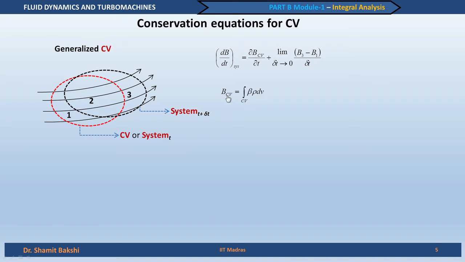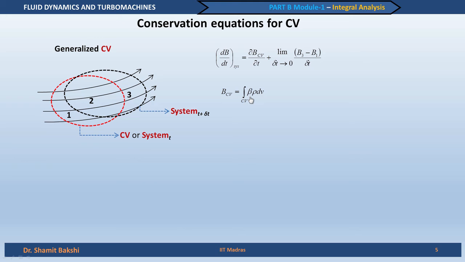We can write it as a volume integral. So, this is the integral over the control volume of the quantity beta rho into dV. So, this small v is basically volume. Now, if we see, rho into dV is basically the elemental mass within the control volume, because the integration is done within the control volume, and beta is the B per unit mass.